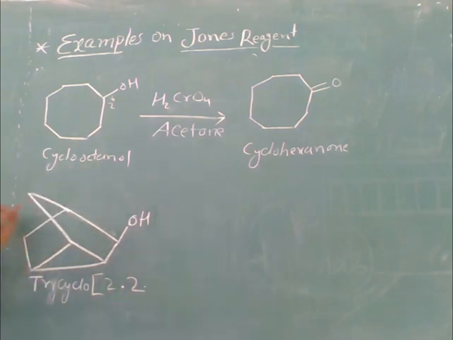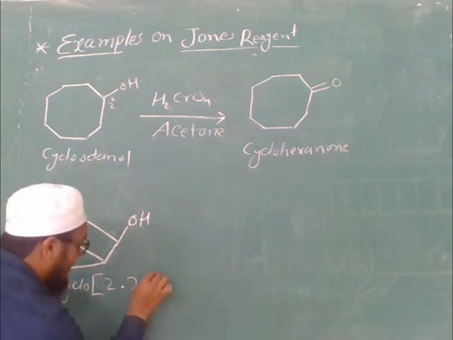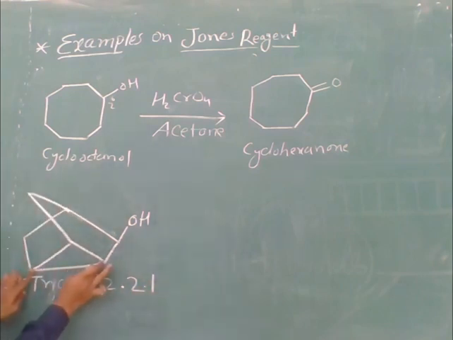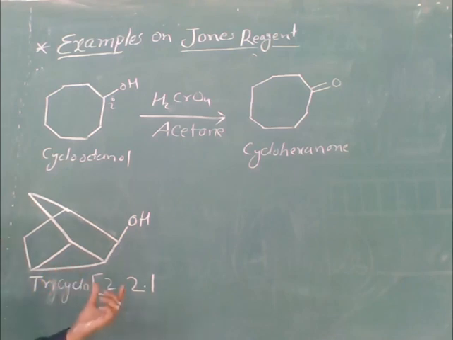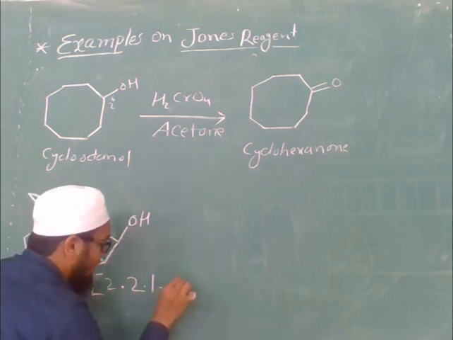At this bridge it has one carbon, and at this bridge it has zero carbon, because these two carbons are already mentioned in the other bridge, so I will write 0.